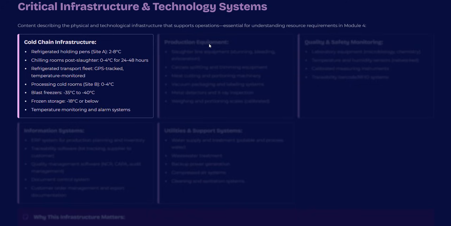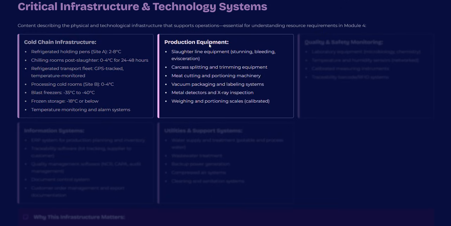And then we have blast freezers, to be maintained at minus 35 to minus 40 Celsius. Then frozen storage has to be maintained at minus 18 Celsius or below. And in cold chain infrastructure, the temperature monitoring and alarm system have to be available and maintained too.